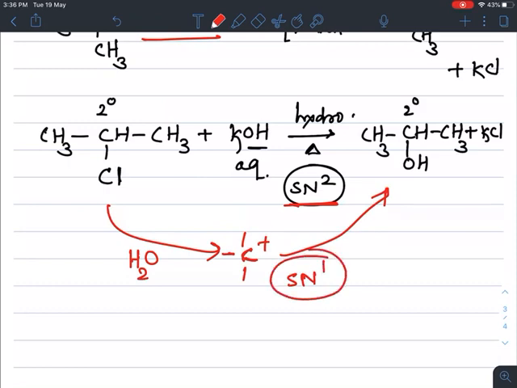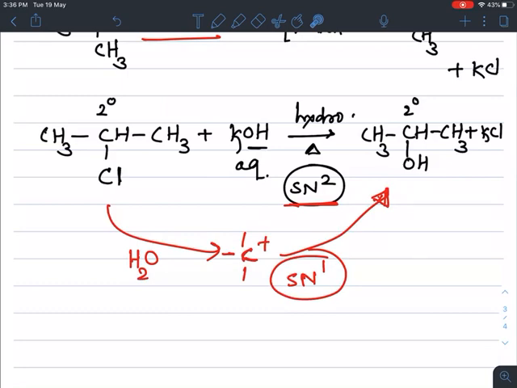SN1 reaction mechanism. So secondary alkyl halides follow either the SN1 or SN2 reaction mechanism, and it depends on the reagent. If a strong nucleophile is there, then it follows the SN2 reaction mechanism. If a weak nucleophile is there, then it follows the SN1 reaction mechanism, a two-step reaction mechanism.